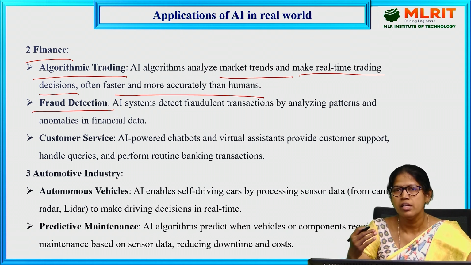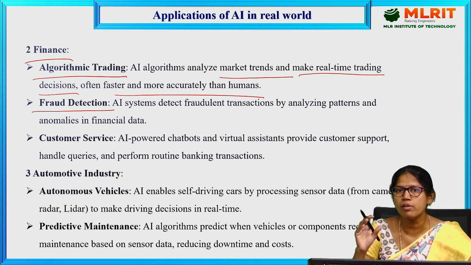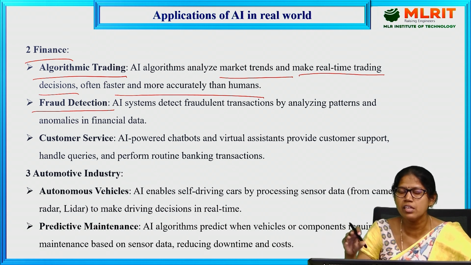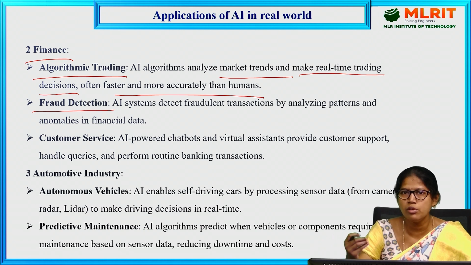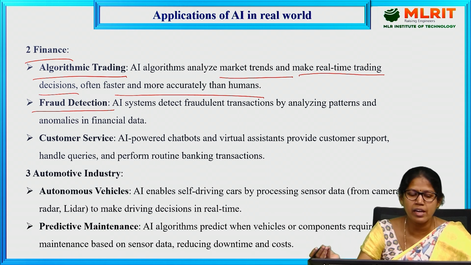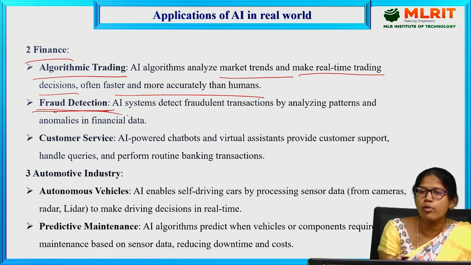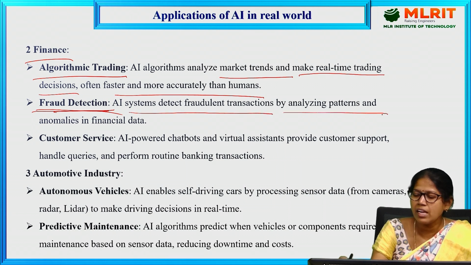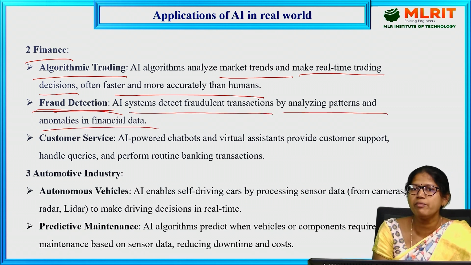It will observe all the patterns of when he is depositing and when he is withdrawing money; the AI notices everything. If at any time, for example in the middle of the night, anyone uses that card, it will send an alarm saying that someone is using your card at this time. Like that it will identify the fraud. AI systems detect fraudulent transactions by analyzing patterns and anomalies in the financial data.